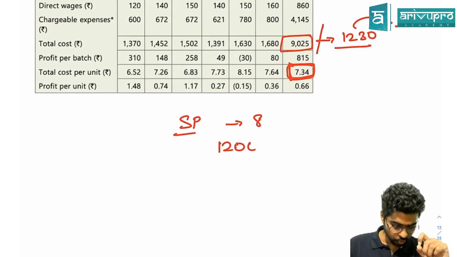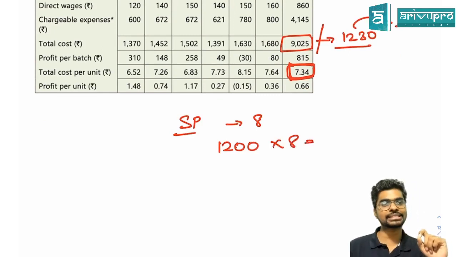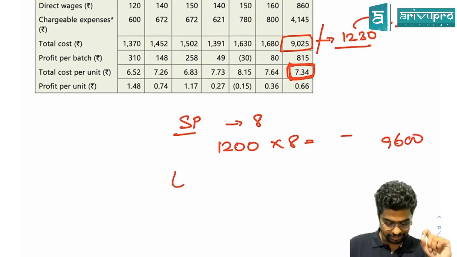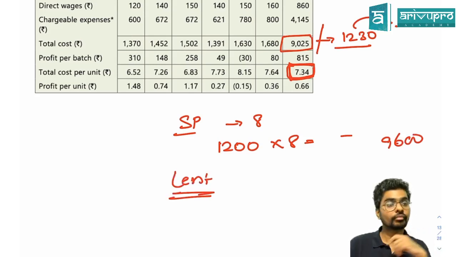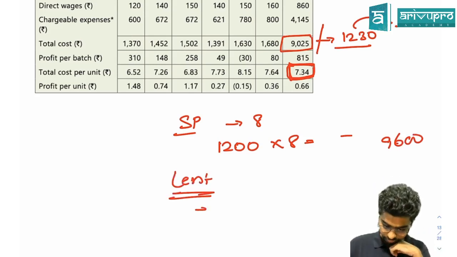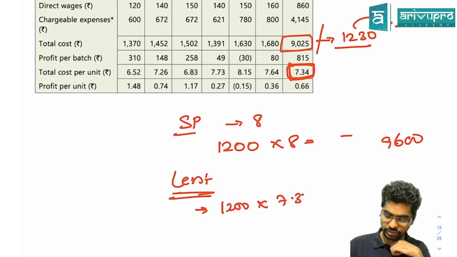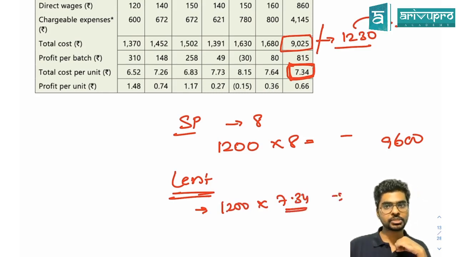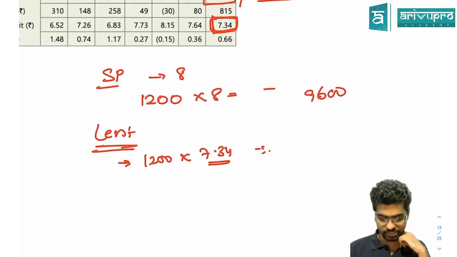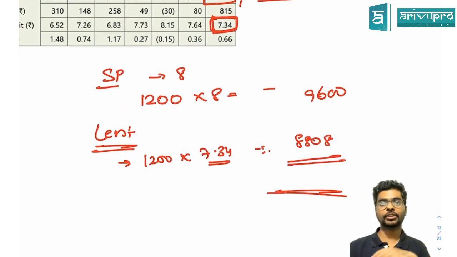So 1200 into 8 becomes my sales value, that is 9600, less 1200 into 7.34 becomes my cost value, which is 8808. Are you all clear?